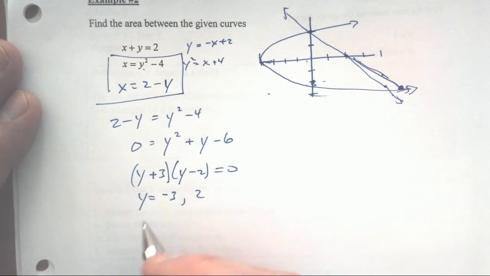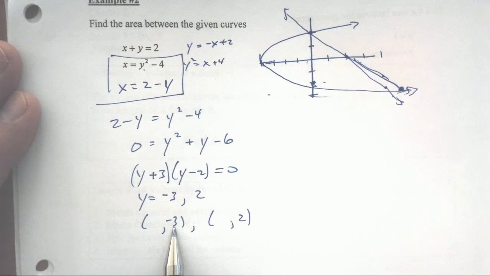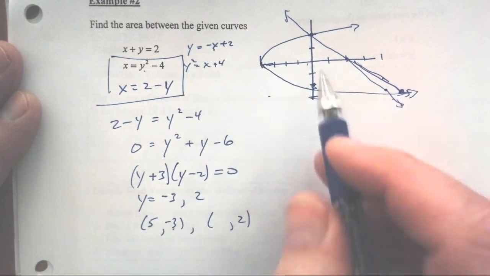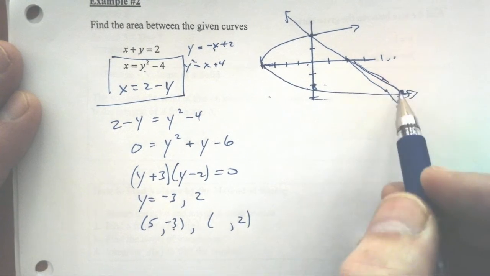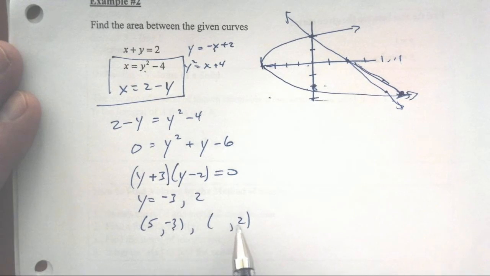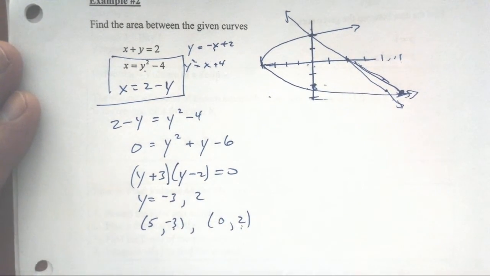So my points of intersection would have y values negative 3 and 2. I put negative 3 in for y right here, and I get 5. So 5, negative 3. What I was trying to allude to with my horrible graph, apologies there. Put in 2 for y, get out 0. There's my second point.